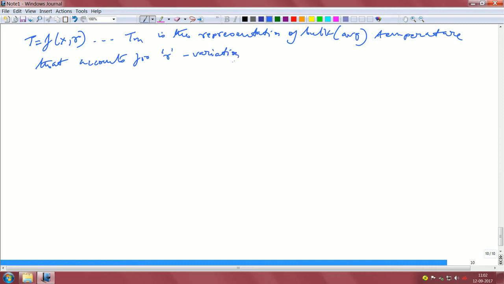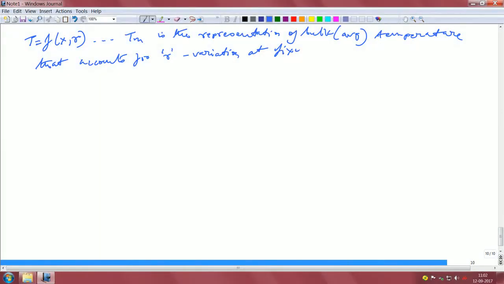Understand what is R variation? That means the variation across the radial direction, okay, at fixed x. Okay. So, at any fixed x, if you average out over R, the temperature that you are going to get is basically your Tm, okay.